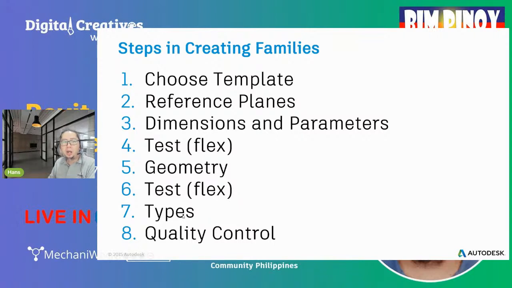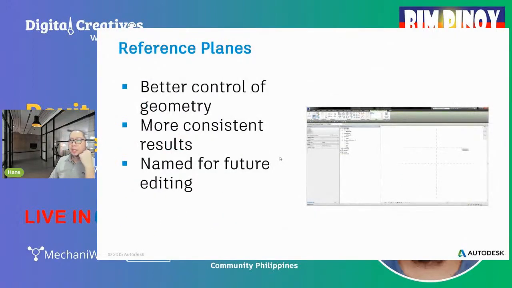So if there are multiple types in your family, maybe you can test it again and do some quality control. All of these are the important and basic steps of creating our families.